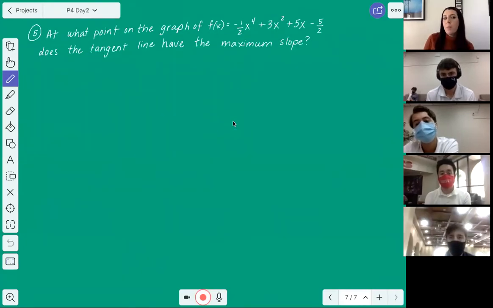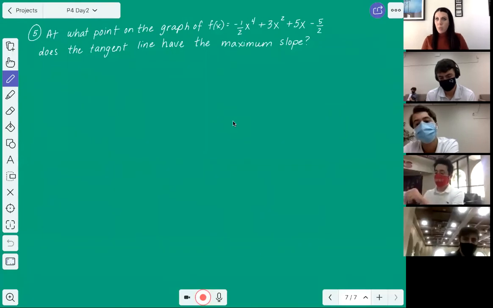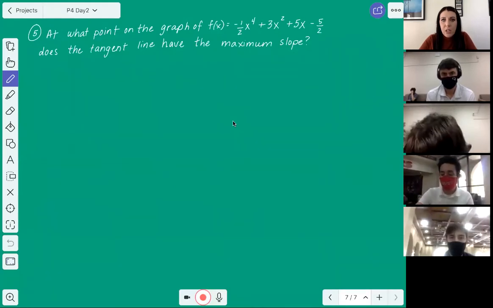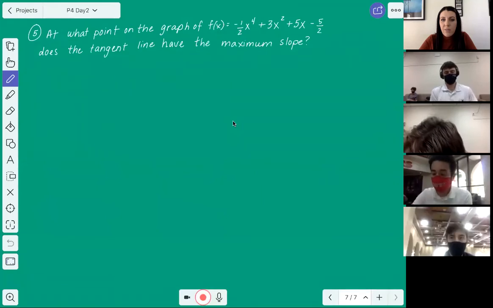This one is simpler in some ways and more challenging in others. This question says, at what point on the graph of f of x equals -1/2 x to the 4th plus 3x squared plus 5x minus 5 halves? Please write that down.